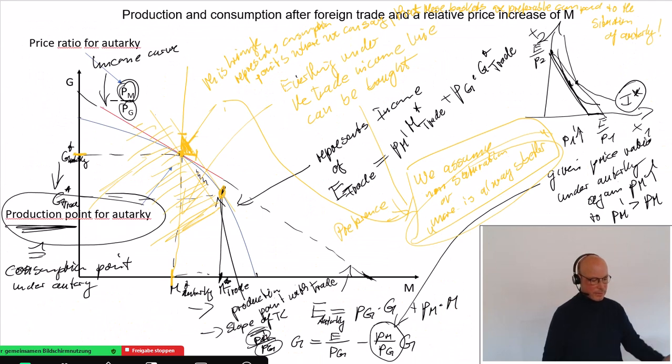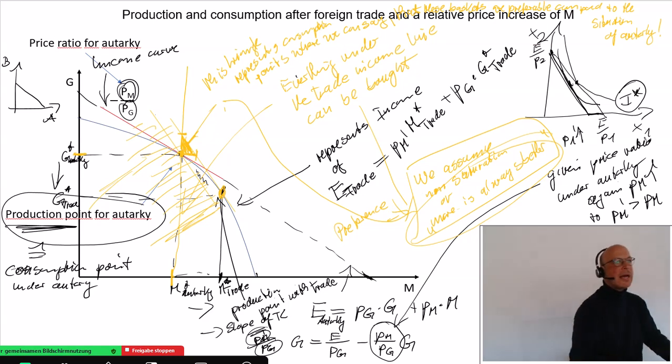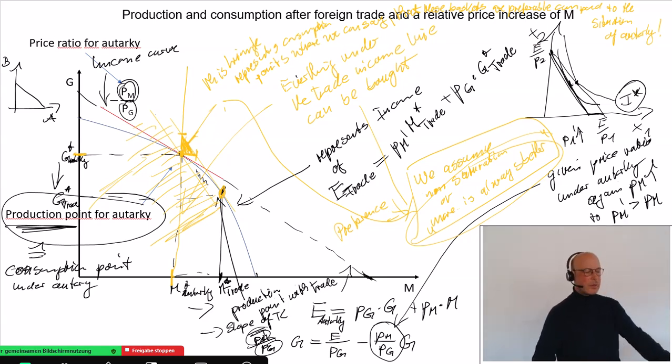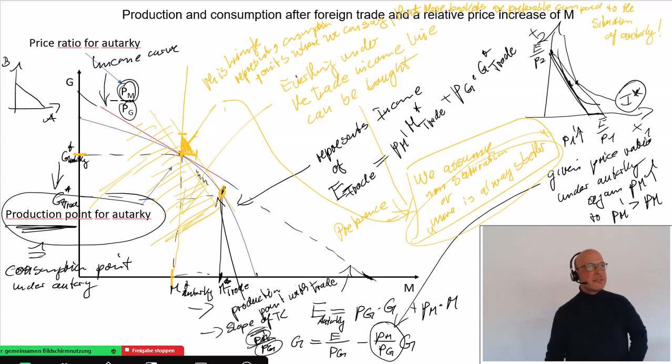Here, the blue one, this was the transformation curve of the specific factors model. Or in the Ricardo model, B and A, we had our linear lines as our transformation curves. And what we now want to deduce is the transformation curve within the specific factors model.